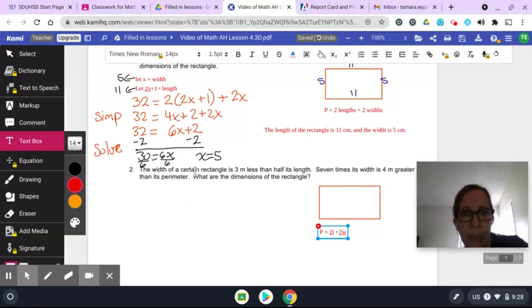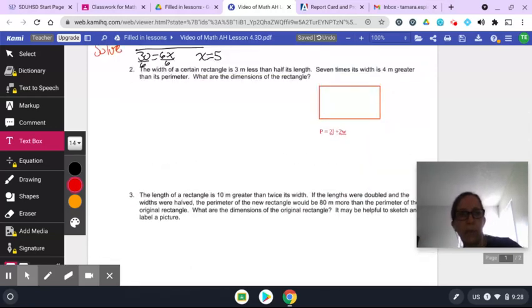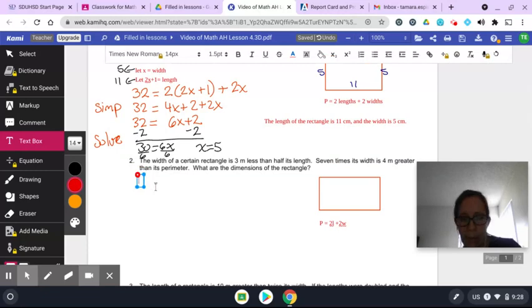Okay, then I'm going to go back. The width of a certain rectangle is 3 less than half its length. It is comparing to length. So I know that my length is my x. Let my computer respond to what I'm doing. Let's try that again. Let x equal the length.